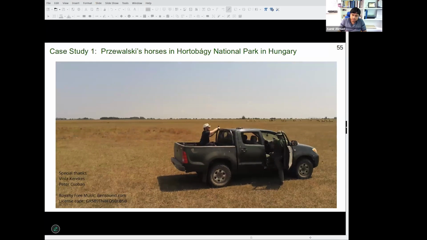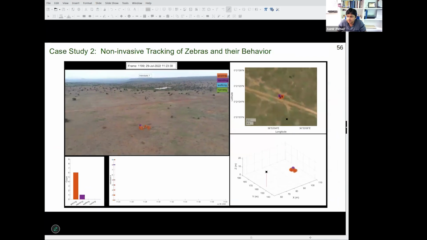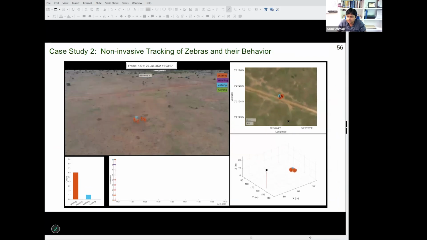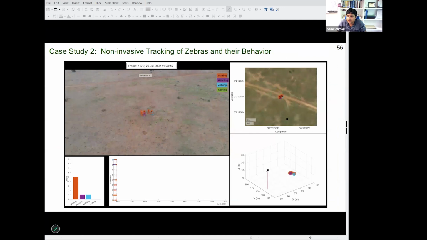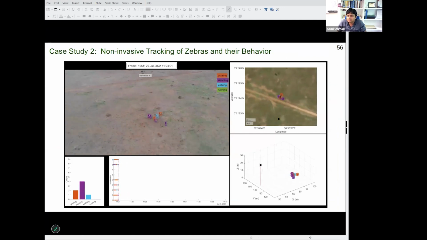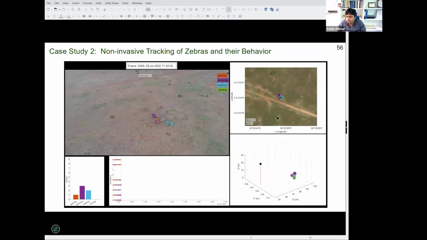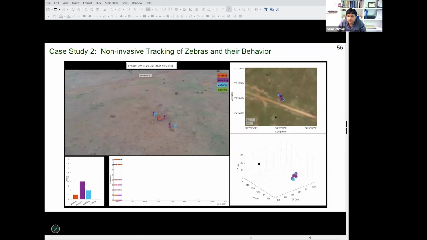Right. So that takes me to the next case study and the application of our methods where detection and tracking accompanied with the behavior inference, then we put in the pipeline that we developed for ecologists where they can get activity budgets. And this is what I was mentioning some slides before.